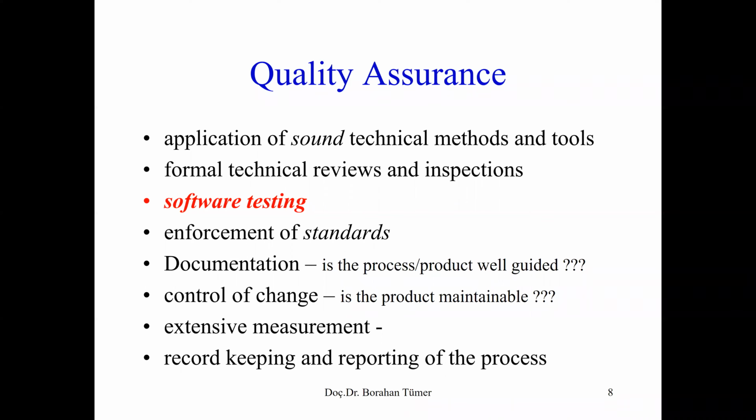In other words, is the product maintainable? The answer to this question is the control of change to the software product. So this is another important point that complements the quality assurance.